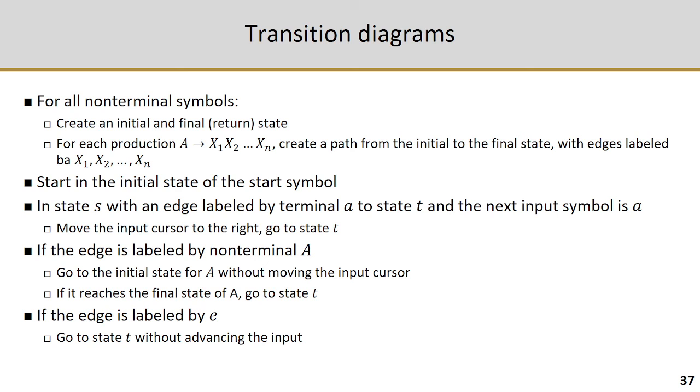So if we have multiple states and arcs between them for each symbol, and this symbol is a terminal, we assume that this symbol can be read from the input, and if a symbol is a non-terminal, we go to the initial state of the state diagram related to that non-terminal, and going to the final state of that state diagram, we return to the other end of the arc for which we had the non-terminal assigned.